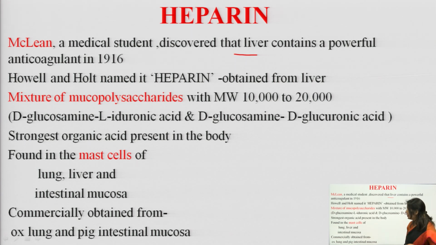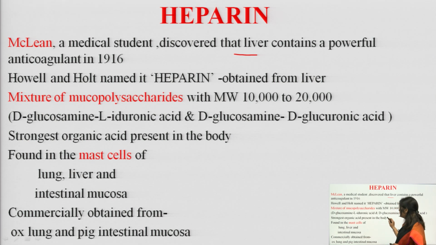It is a mixture of mucopolysaccharides with molecular weight of 10,000 to 20,000. The polysaccharides are D-glucosamine, L-iduronic acid and D-glucosamine, D-glucuronic acid. These are the mixture of mucopolysaccharides.